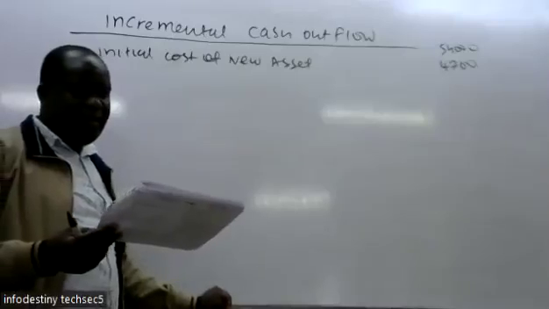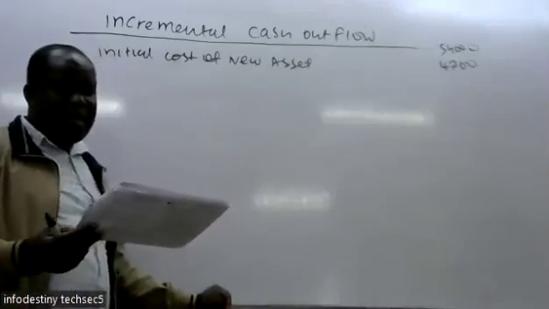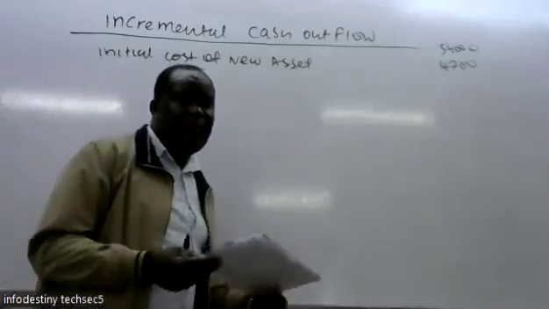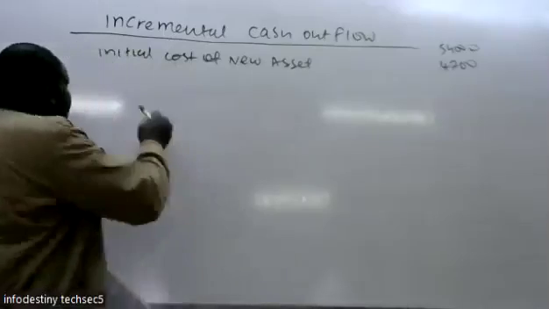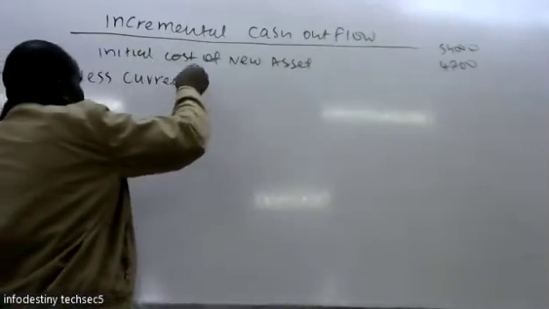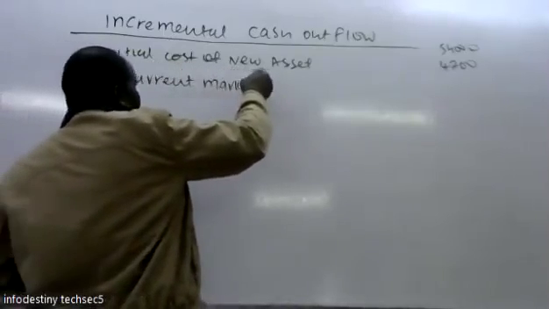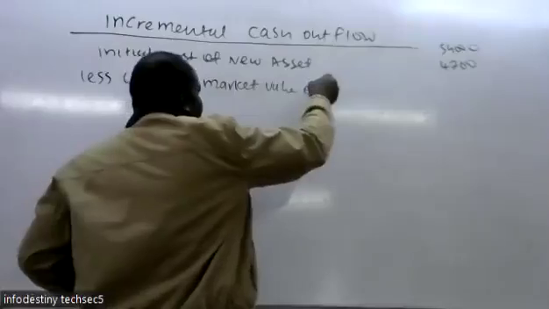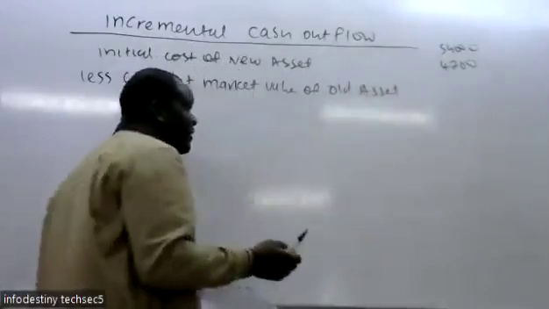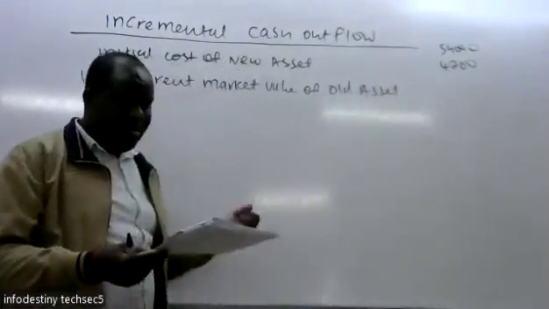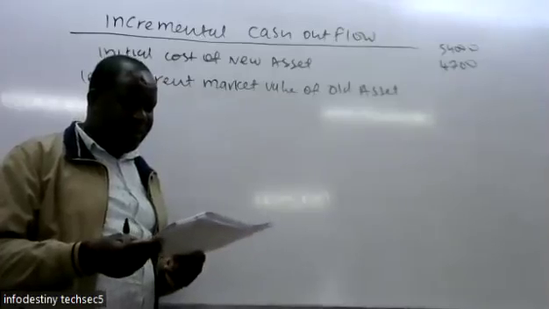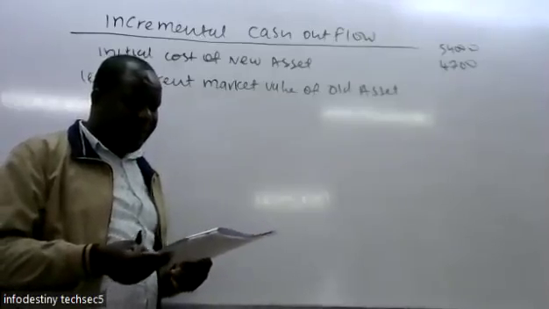But they have said that the existing machine has a current disposal value. So we less the current market value of the old asset. The current market value of the old asset was given as 1.06 million.